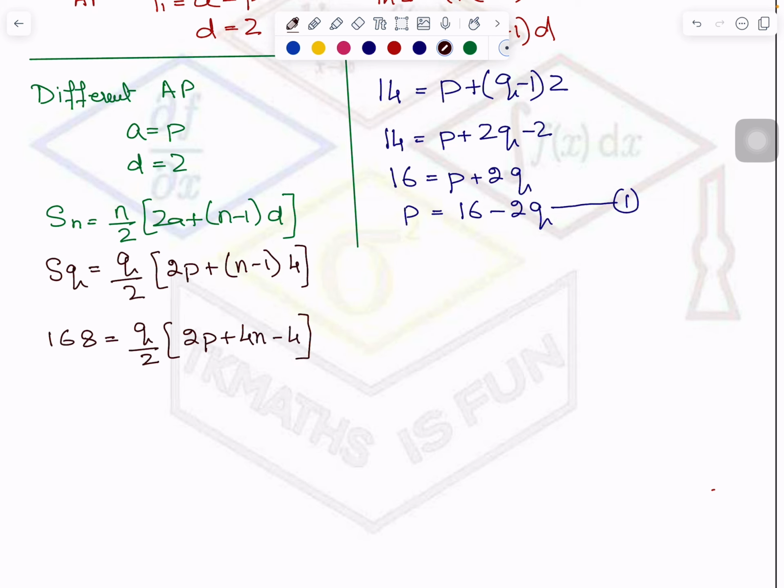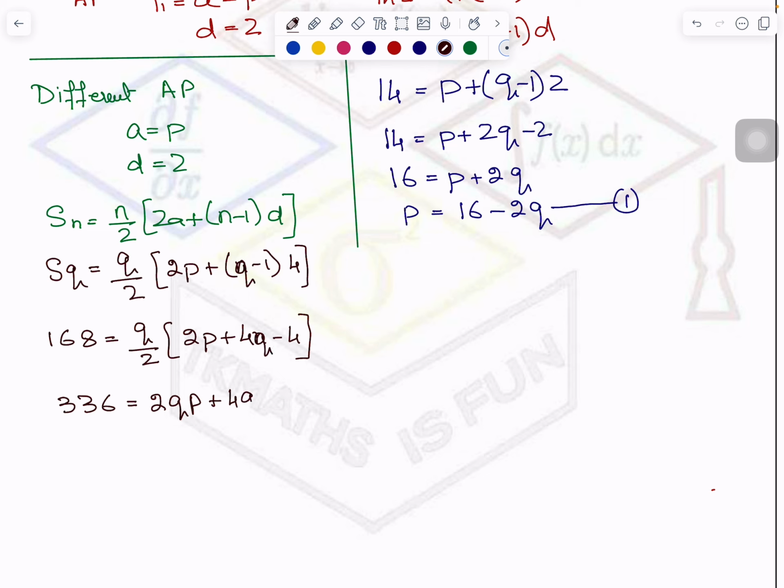Then you have to simplify it so that you can solve two equations simultaneously. So I am multiplying 168 by 2. It will become 336, right? And I'm opening the bracket, so it is 2qp plus 4q squared minus 4q, because my n is q.